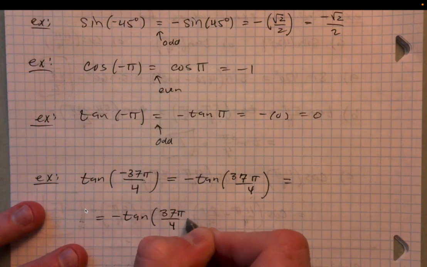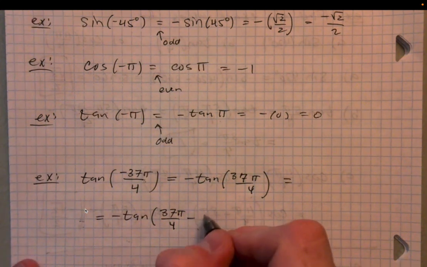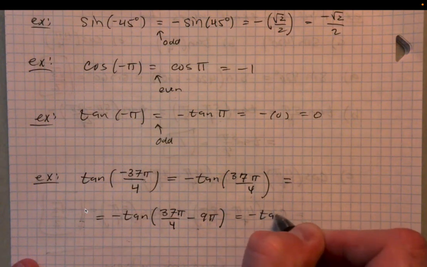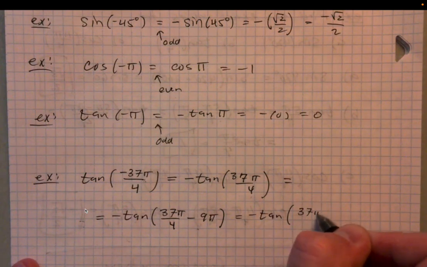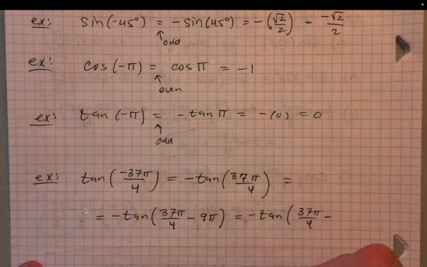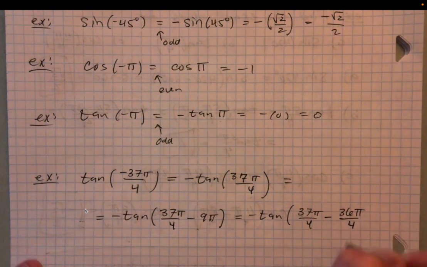Now, how many pi's do I got to subtract off of this thing? Well, if you take 37 divided by 4, that's 9 and some change, right? So I could subtract off 9 pi here, right? So subtract off 9 pi. And that's going to be, let's do the actual math here, 37 pi over 4 minus, now 9 pi becomes 36 pi over 4.